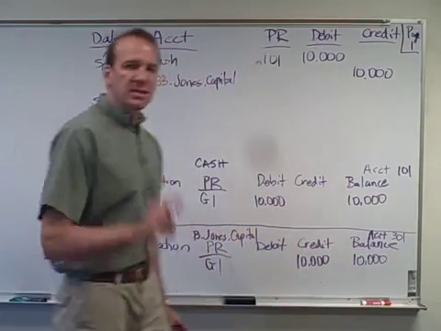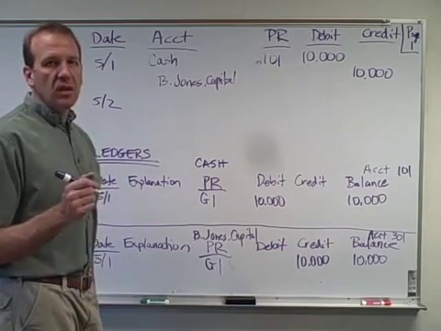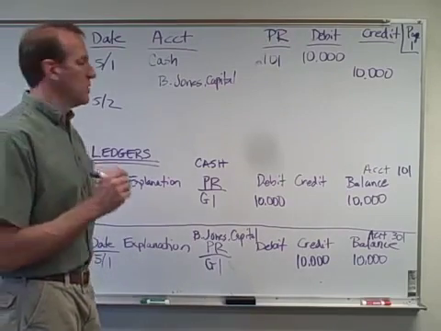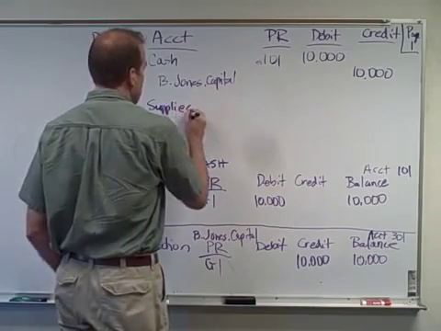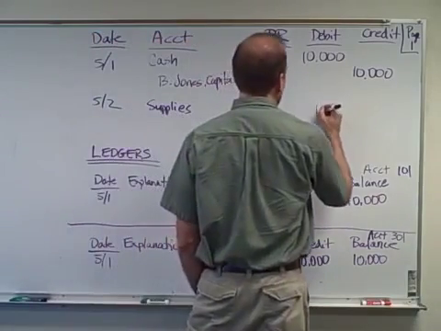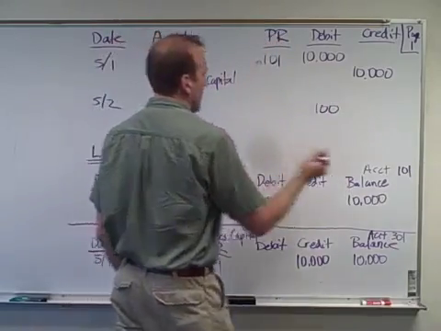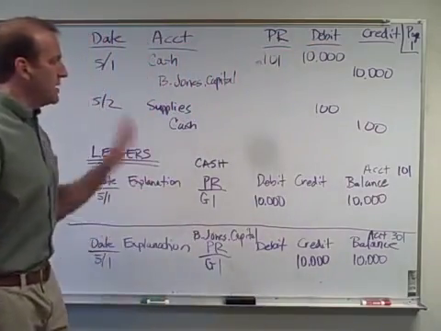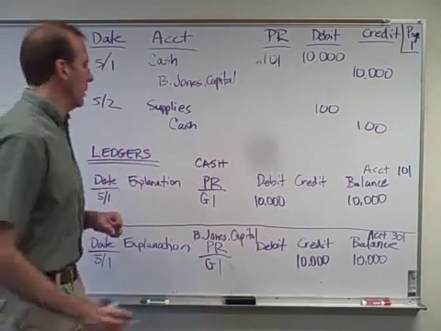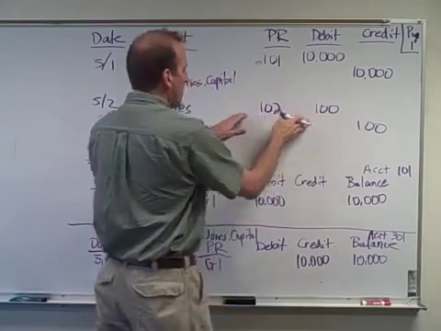Let's do a second transaction really quickly. Let's say that we're buying some supplies with cash. We're buying $100 worth of supplies. So we would debit supplies, because supplies is an asset, and it increases with a debit. And now I said we were paying for it, so we're going to credit cash. Now, let's say supplies is account 102. So I would go to account number 102 and put this transaction.